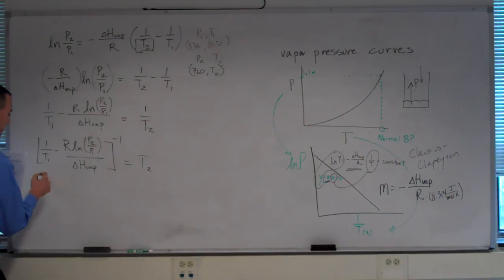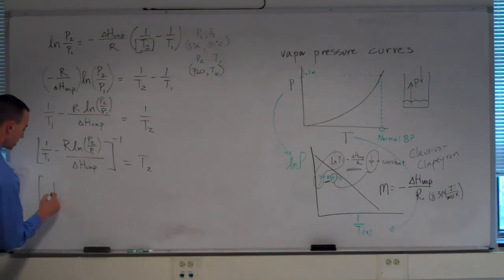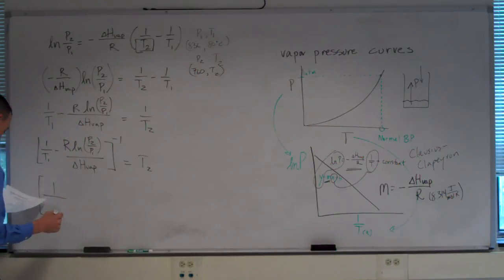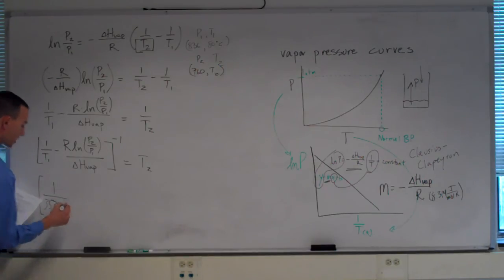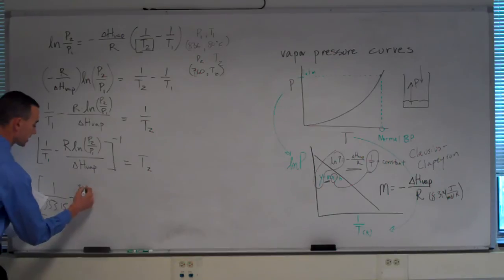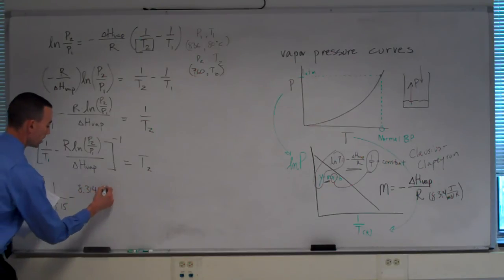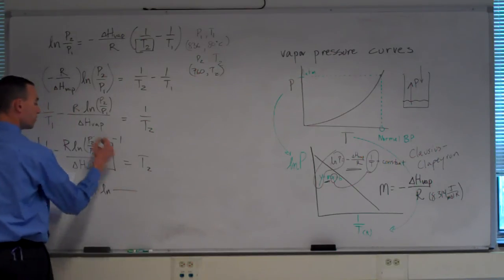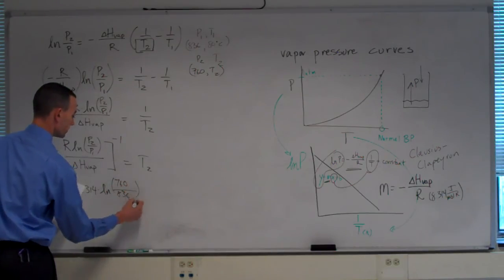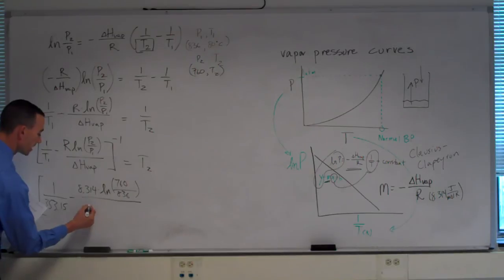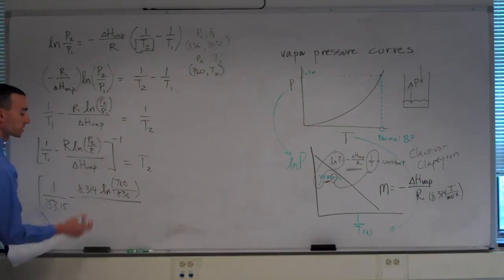For now, though, I simply need to substitute in 1 over my T1, the 353.15 Kelvin, minus 8.314 times the ln of P2, 760 over 836, divided by my enthalpy of vaporization.